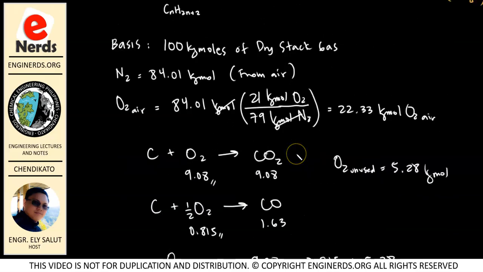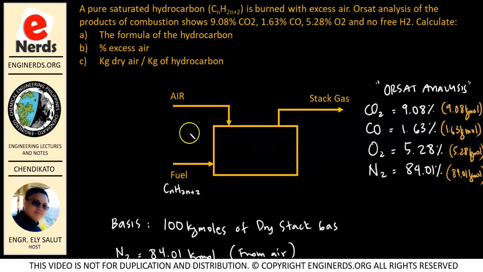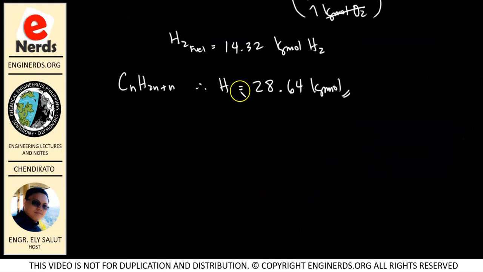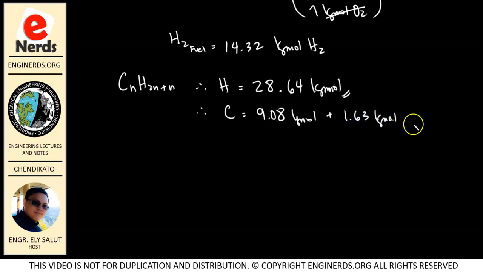Looking at our given, there is no carbon in the air. All of the carbon comes from our fuel. That means our carbon has been converted to CO2 and CO. Since it is always 1:1, our carbon is equal to 9.08 kilogram mole from CO2 plus 1.63 kilogram mole from carbon monoxide.